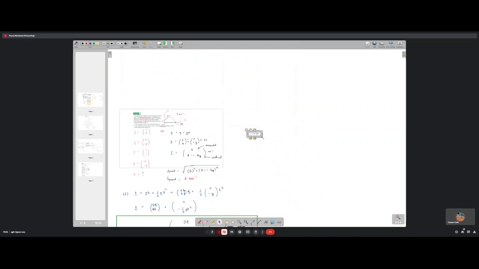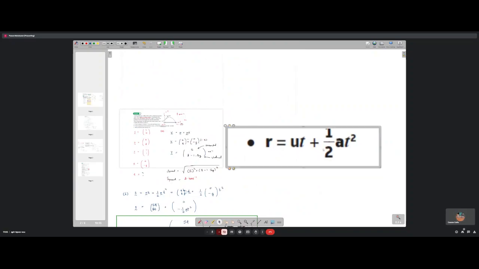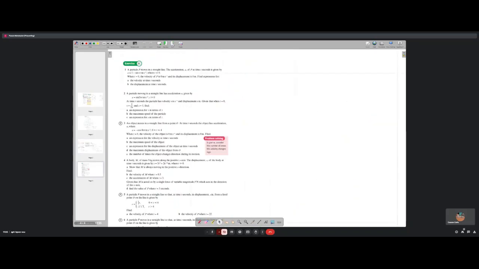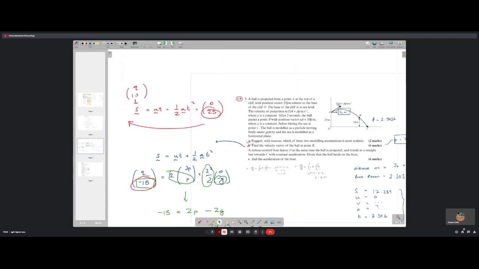When you look at the formulas in the textbook, they use R instead of S, but every time I've just been writing S. So same stuff applies. It's just when I'm writing this down, I'm just using S instead of R. So that's the only distinction there. So whenever they say R in the textbook, I might just write it as S.